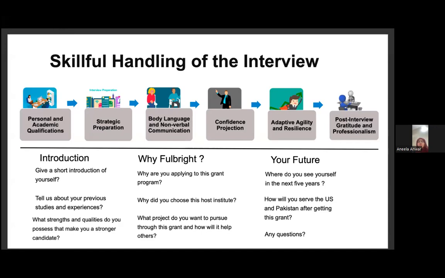For the skillful handling of the interview, the first and major thing is you need to research the Fulbright program thoroughly, understand its goals, and be familiar with your application materials: whatever application you have already submitted, your research proposal, your personal statement, and your application form. You need to revise all these things again before you appear for the interview.